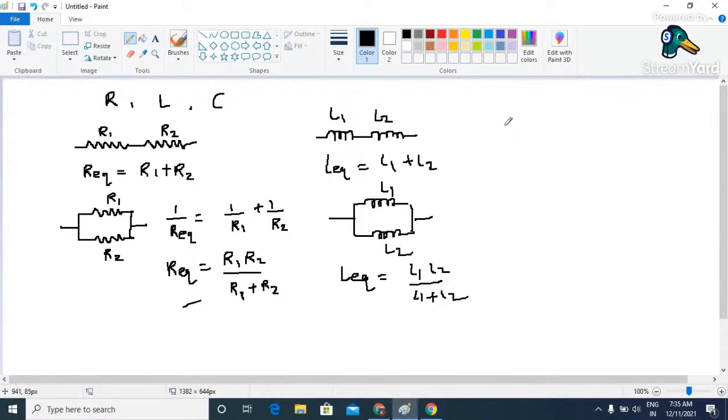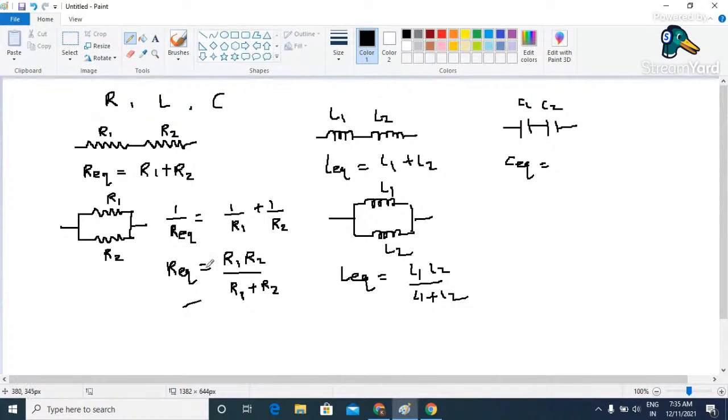But in case of capacitance, the condition is exactly the opposite. For example, if you have capacitors connected in series, say C1 and C2, the C equivalent, we need to add them in inverse configuration like this.